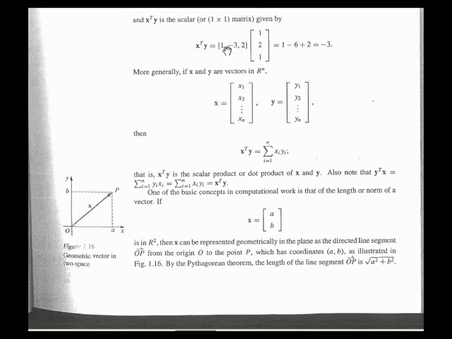So you can think of this as matrix multiplication of a 1 by 3 matrix times a 3 by 1, and that'll give you a 1 by 1 matrix, i.e. a scalar, which is just the dot product of the first and only row with first and only column. So we can write the scalar product of x and y as x transpose y.